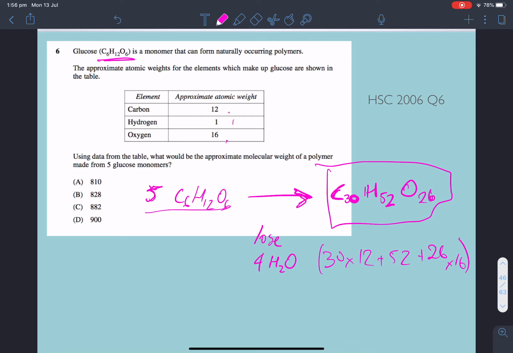I haven't got a calculator on me. Let's see how I go. 30 times 12 is 120 for each 10, so it's 360.